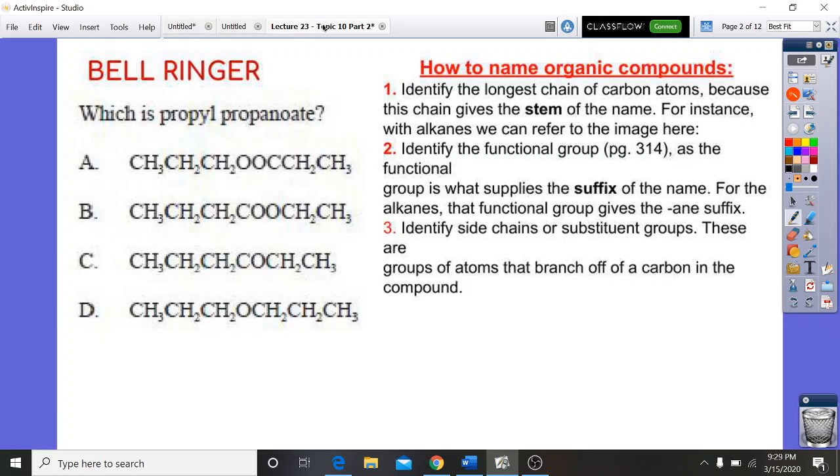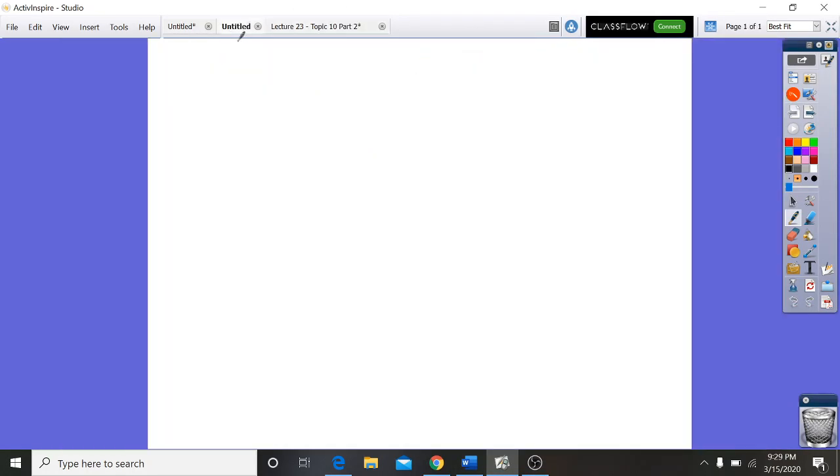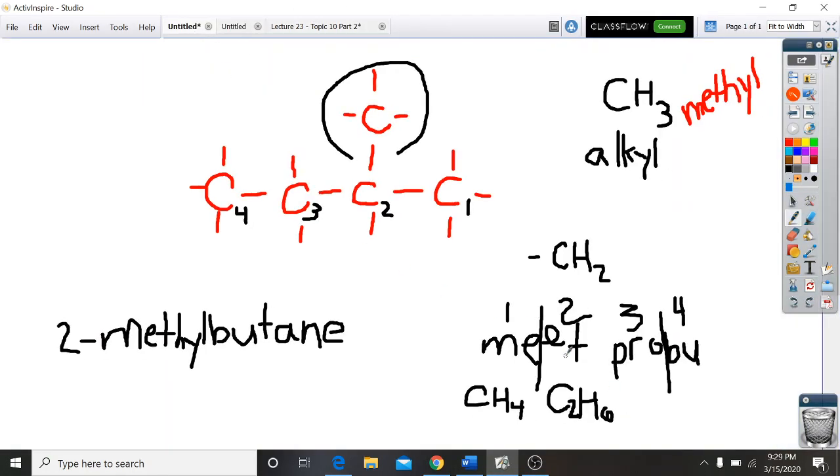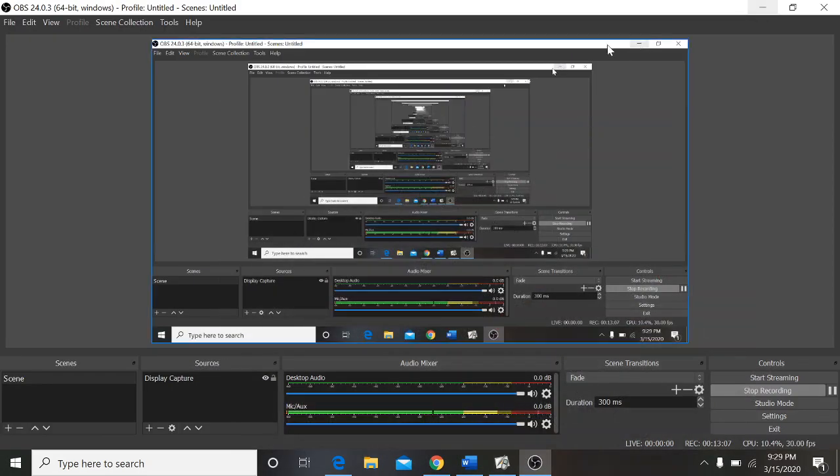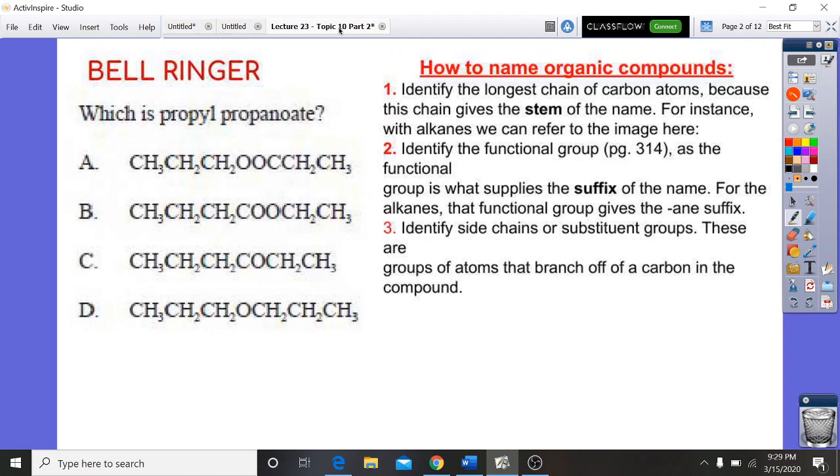Prop is anything that has 3 chained carbons. So let's look again here. You also have anoate.